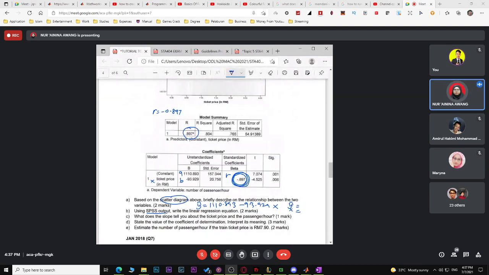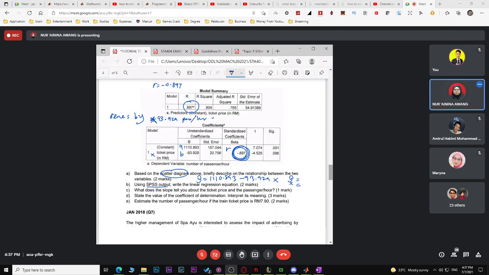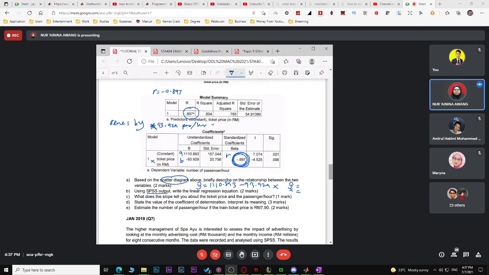So the number of passenger will decrease by 93.929 passenger per hour. So ingat bila kita dah tulis decrease by, no need to write the negative, tak perlu. Okay, just cakap decrease by 93.929 passenger per hour. Okay, so that is how to answer for your slope, okay, to interpret your slope.